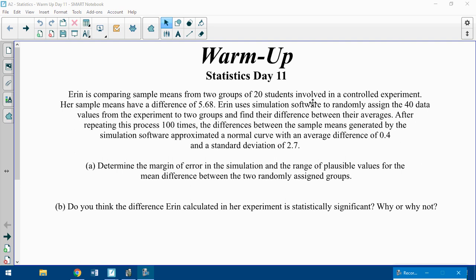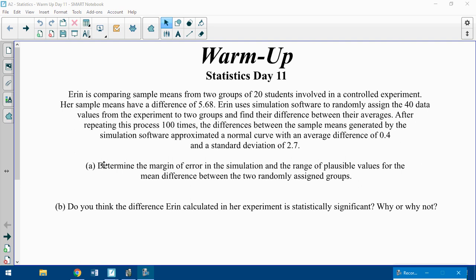When they randomly assign them to two groups and calculate the difference, we'd expect their average to be about 0. And it says the average difference comes out to be 0.4. Repeating this process 100 times, there'd be 100 dots if you saw the distribution. And notice 0.4 and 2.7 are the mean and standard deviation of the sampling distribution.